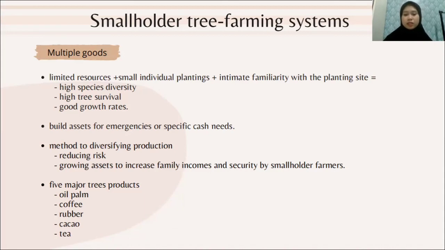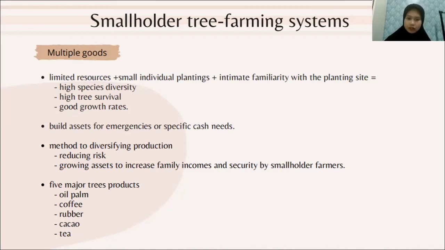Smallholder timber systems are frequently used to grow assets for emergency or specific cash needs. Under this condition, smallholder farmers look at tree farming as a method of diversifying their production, reducing risk, and growing assets to enhance family income and security.